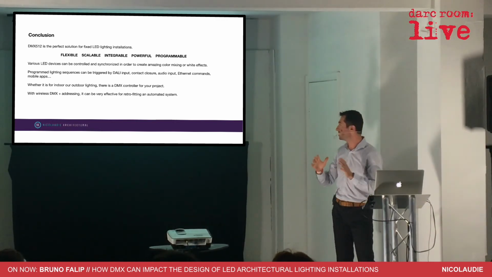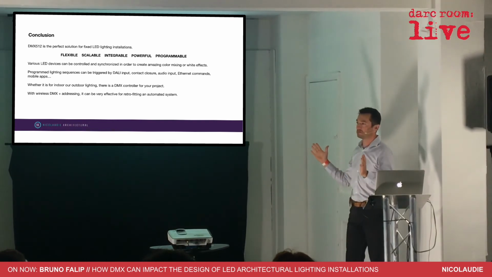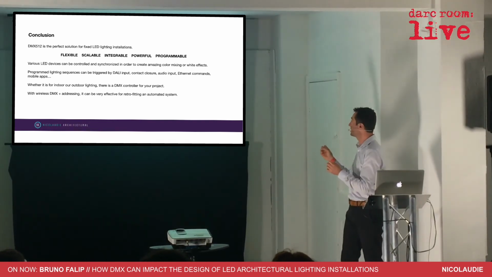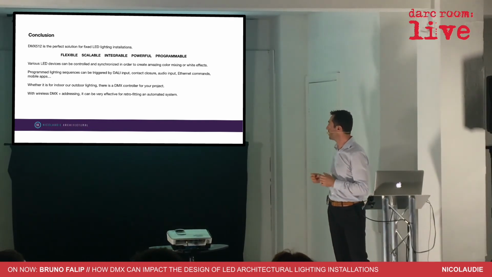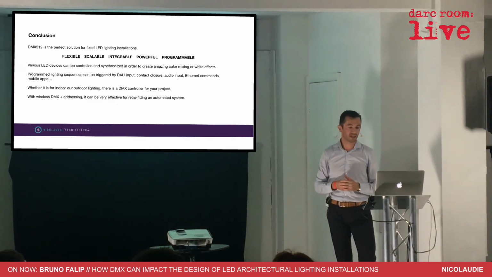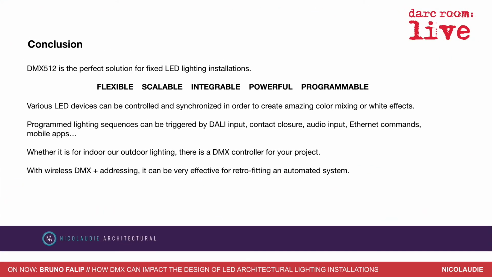So as long as wiring is done with the system of addressing, everything can be connected, and this is also very effective for retrofitting, as I said, because of the wireless system.